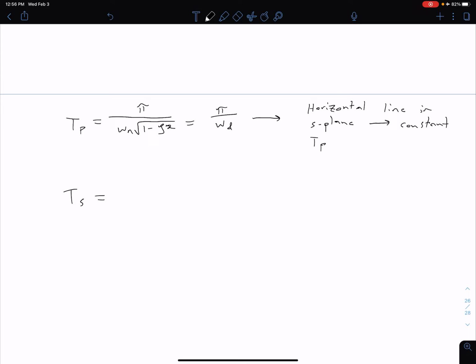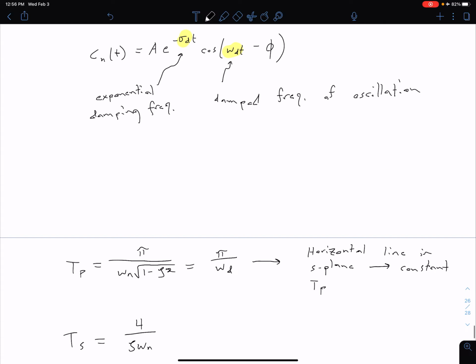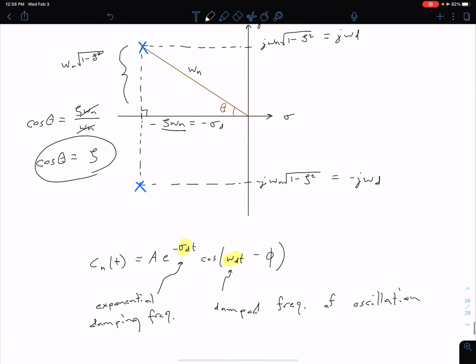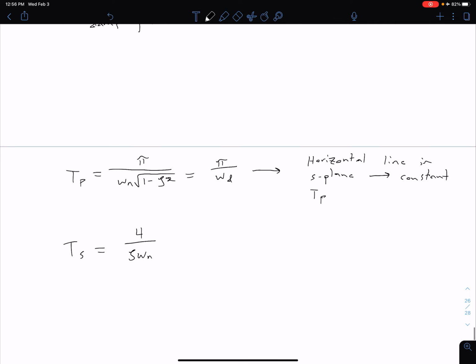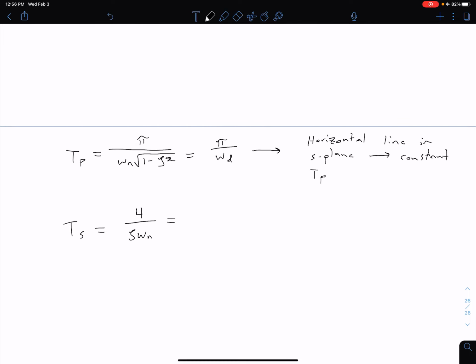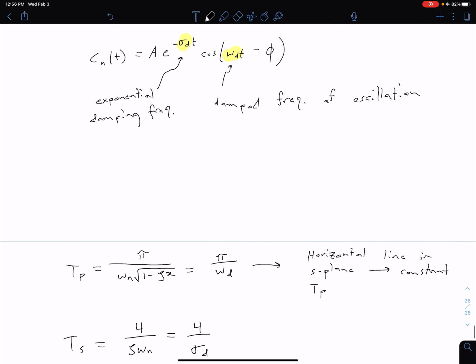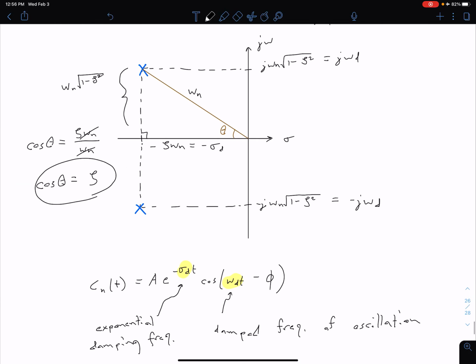So for our settling time, our previous equation, we had approximated it as 4 over zeta omega sub n. Well, up here we said that zeta omega sub n is equal to sigma d. So we can say this is approximately 4 over sigma d. And so let's keep in mind now, what does our sigma d represent? Well, our sigma d represents how far we are away horizontally from our axis.